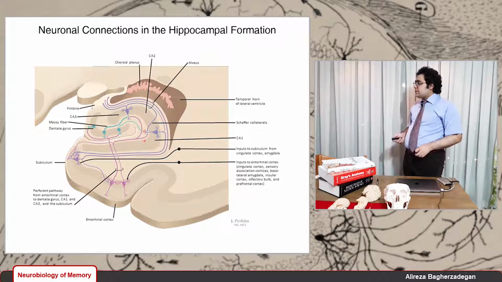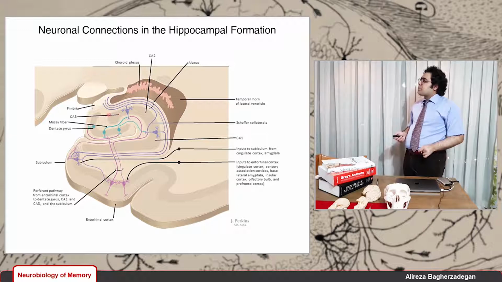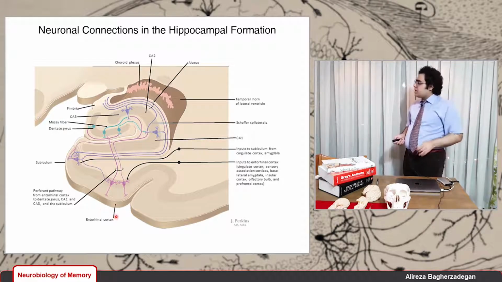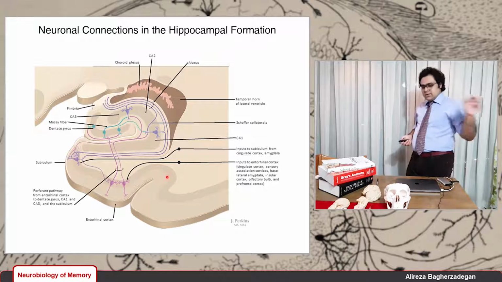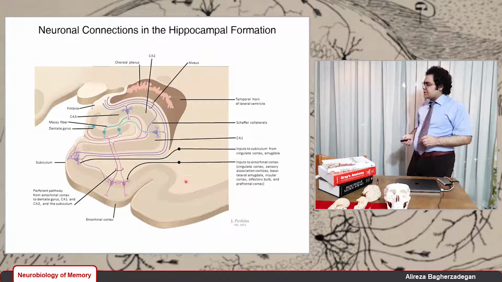And then from the CA1 area, we have some outputs toward the fimbria. They also contact the pyramidal cells in the entorhinal cortex and send information back to the entorhinal cortex and subiculum. This is a very general picture. I don't want to spoil it because I'm going to talk a lot about it in the last lecture.